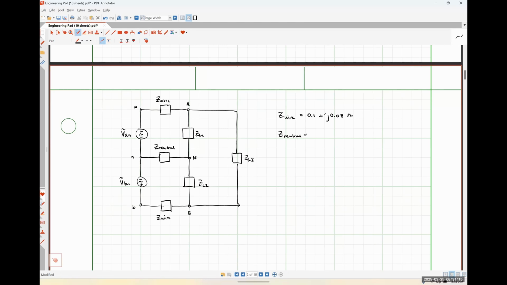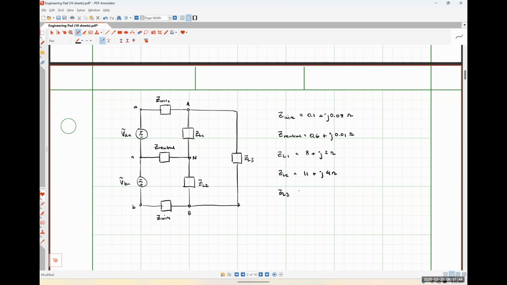Z neutral was equal to 0.6 plus j0.01 ohm. ZL1 had an impedance of 8 plus j2 ohms. ZL2 had an impedance of 11 plus j4 ohms.